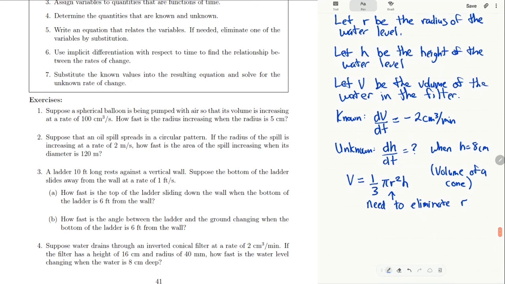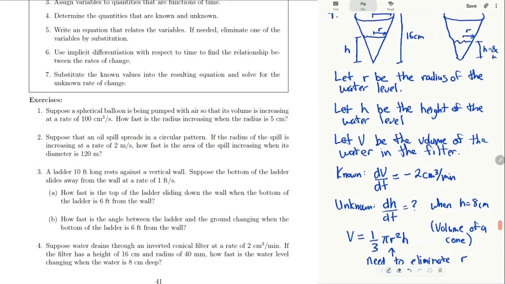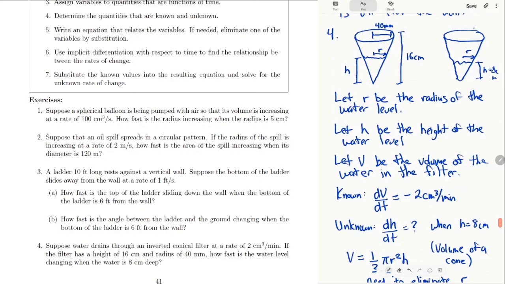So now let's have a look at our diagram, our general picture. We can find some sort of relationship between the radius of the water level and the height of the water level. If you stare at this diagram long enough, you may notice that there are two similar triangles.